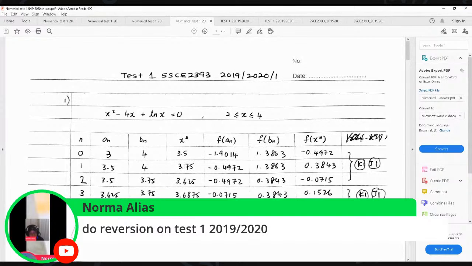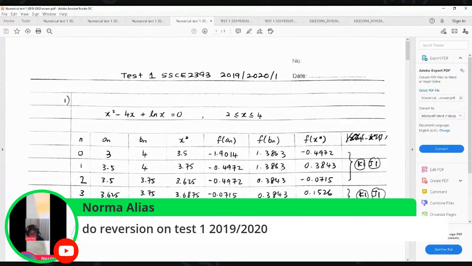The root by using bisection method is 3.5 plus 4 divided by 2 is 3.75. All right. FA1 equal to FC naught. All right. FB maintain, positive value, and FC you need to do 3.75 squared minus 4 times 3.75 plus ln 3.75, the answer is positive 0.3843.